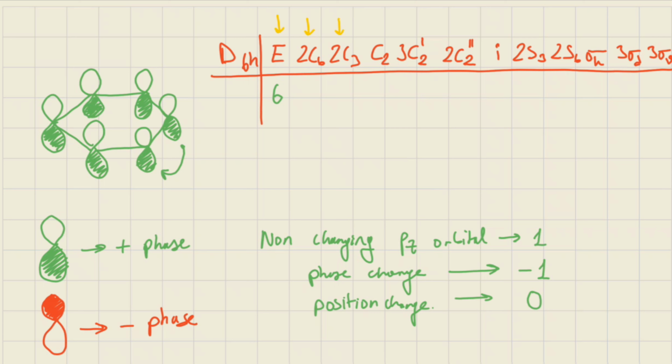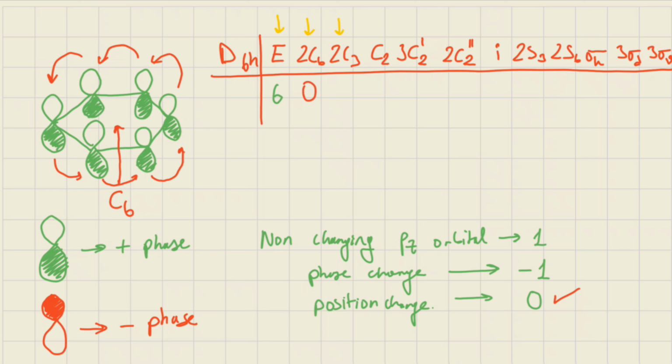And we can apply the C6, which is our principal axis, right? So if you apply it, this will go here, this will go here, this will go here, and so on, and the answer will be 0 since position changed. Six of them changed, so the answer is 0.